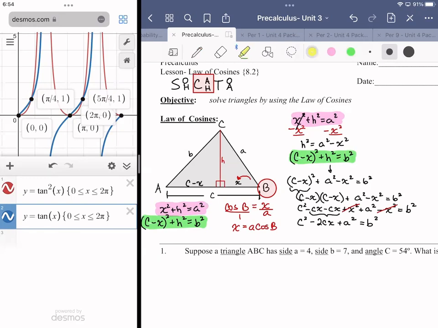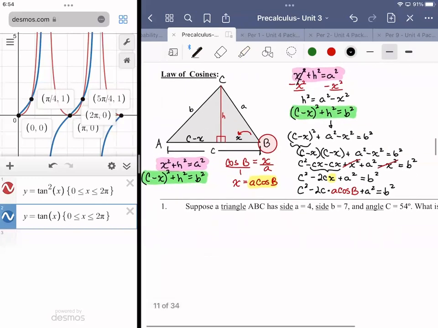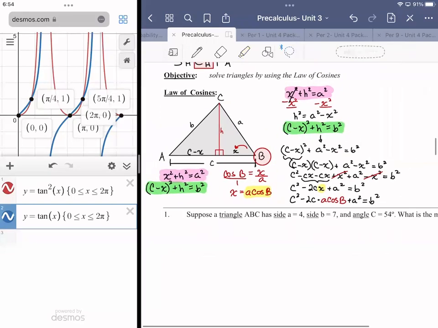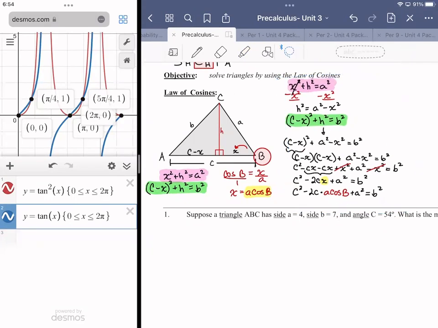So I can swap out that x for an a cosine b, and we would be left with c squared minus 2c times a cosine b plus a squared is equal to b squared. Now all we'd have to do is clean it up just a smidge, move some things around, and we have one variation of the law of cosines.